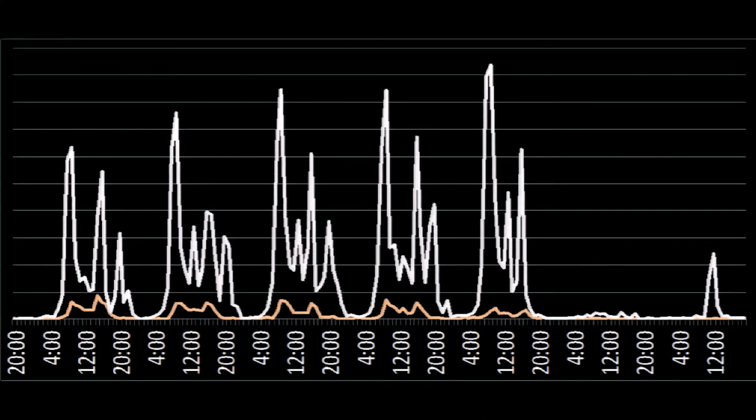Another one we just looked at, this was this week, we did this for the National Review, was Capitol Hill. When do people in Capitol Hill engage with email? What we have here, the really high spiky line, that's send volume, and then we've got a lower line in red, that's click volume. And so what you can see here is during the day, people click, after hours, they don't.